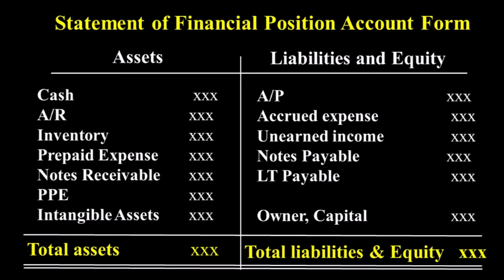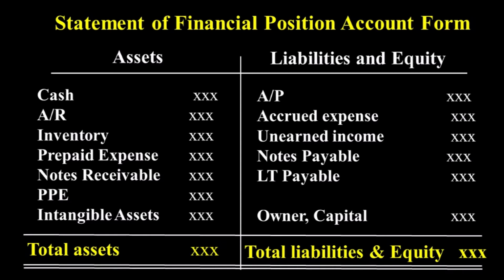In the account format, the total assets and the total liabilities and equity are shown side by side to highlight that both totals are equal. So this is how the account form of the statement of financial position looks like.